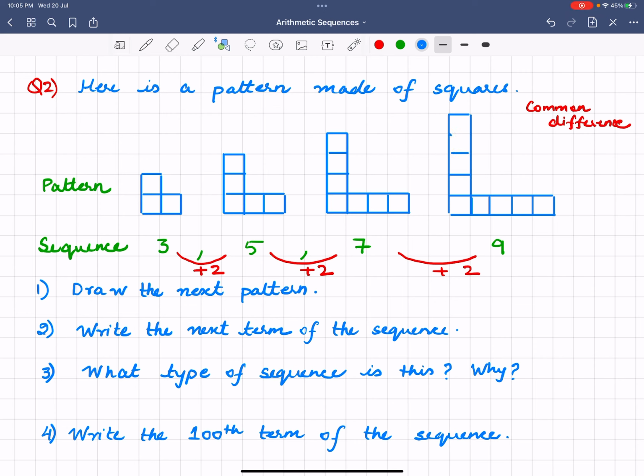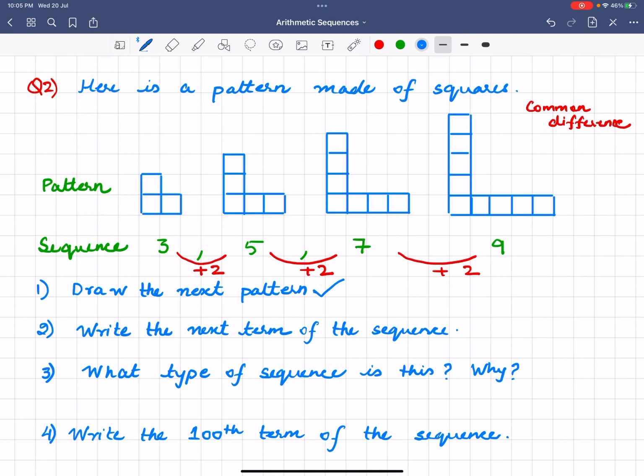Let's count now the number of squares. We have 1, 2, 3, 4, 5, 6, 7, 8 and 9 squares. And we can also see the pattern looks so uniform and so predictable. So here we have the next pattern with 9 squares. So we've answered the first question, draw the next pattern.